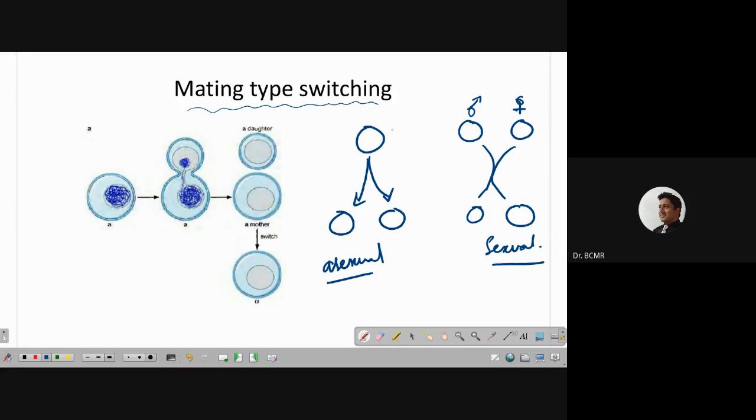If you look at it, asexual reproduction is easy, simple, and cost effective. An organism divides and gives rise to two, no need to find a mate, build a house, buy a car, get a job. Why should all these things happen, pay dowry and all those things? Why go through all that headache just to have sexual reproduction?